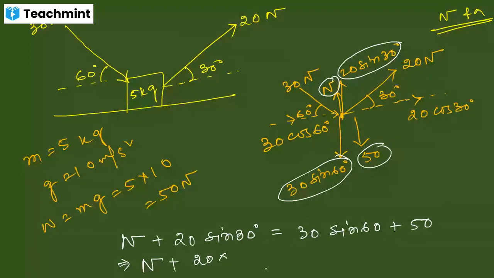1 by 2. Now sine 60 has the value root 3 by 2, plus 50. So this is 2 ones are 2, this is 2 tens are 20, this is 2 ones are 2, this is 2 15s are 30.